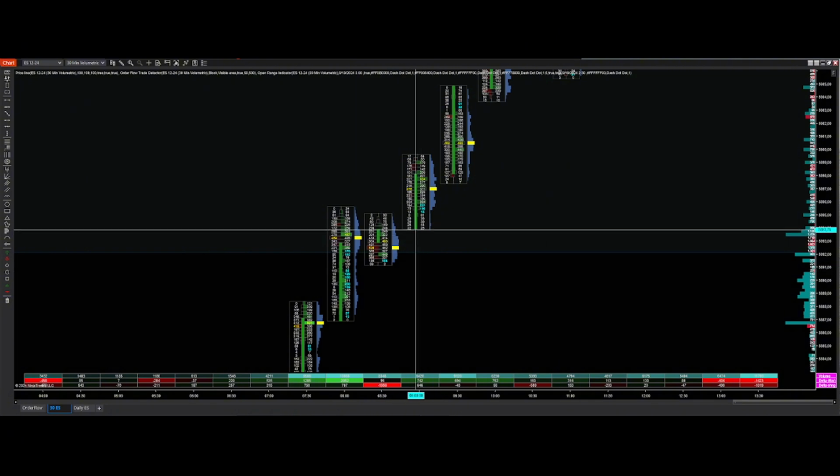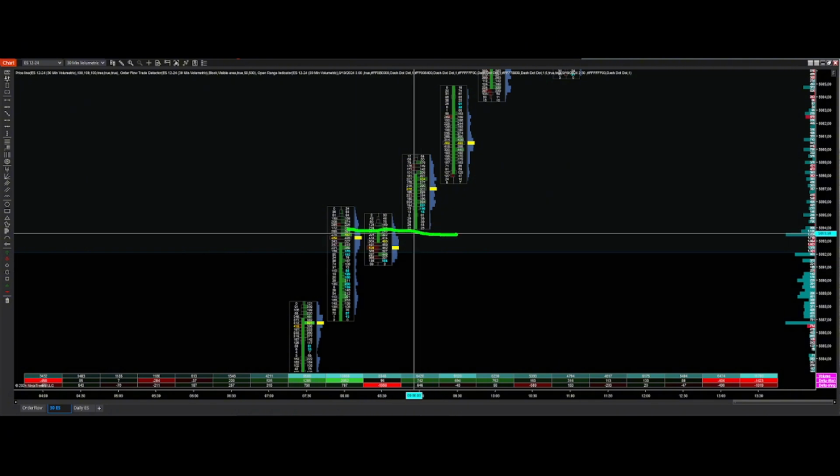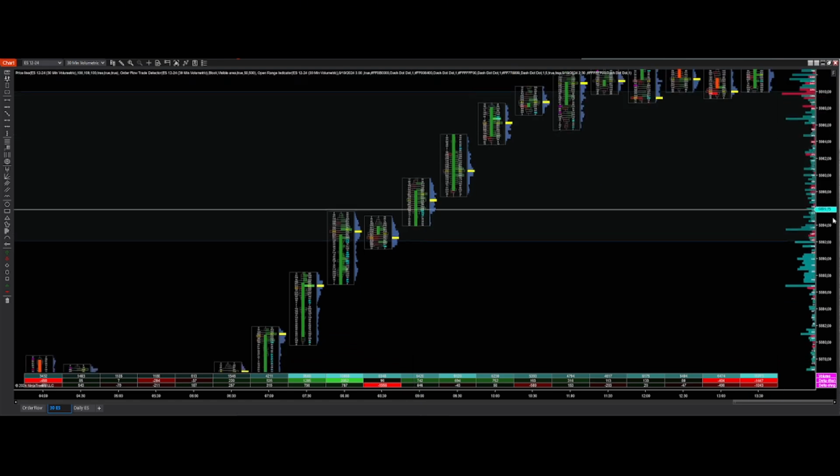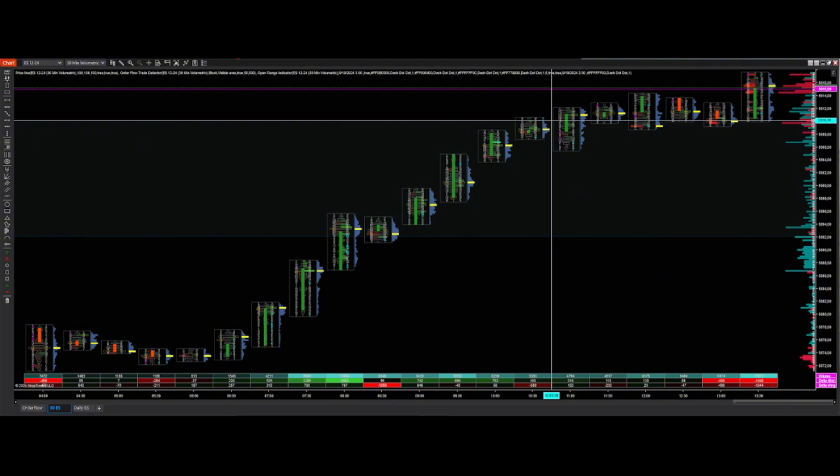When price doesn't build below these volumes, we can actually see price accelerating to the upside, making some delta imbalances, which is our confirmation for an upside move into the other side of this value area.